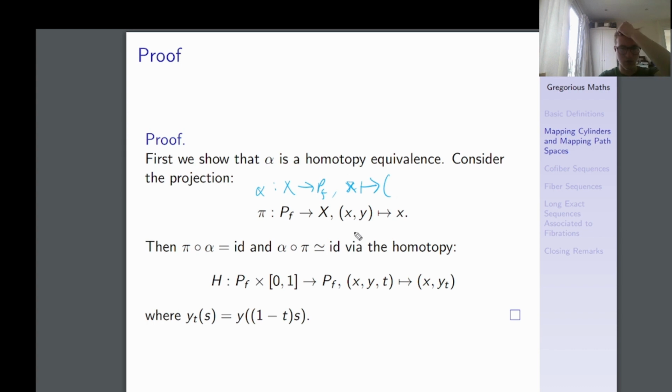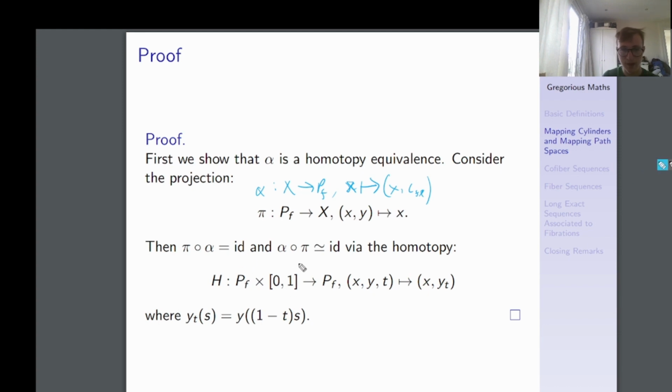Oh yeah, x and the constant path c_f(x), like so. Now, what we'll use is the projection. So if we do alpha first and then do the projection, we just get x back. So that is not just homotopic to the identity, that is equal to the identity.